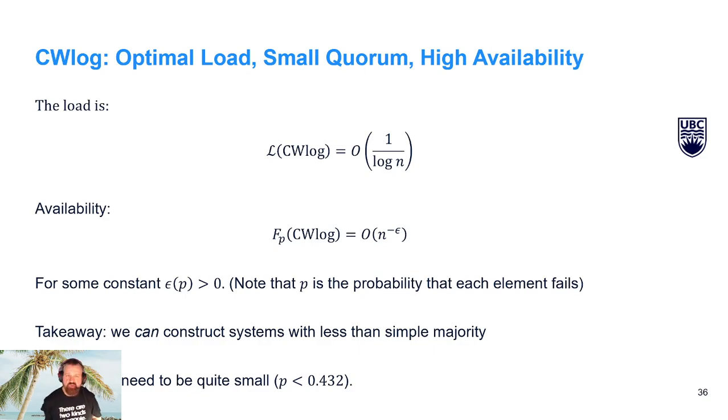And what's really cool about this is that it provides you with a model that you could use under the right circumstances for constructing a quorum system that does not require a majority. The majority thing is pretty easy to see. This one's a lot harder to see, but on the flip side, it's a lot more interesting to think about and to say, how could I possibly use this?